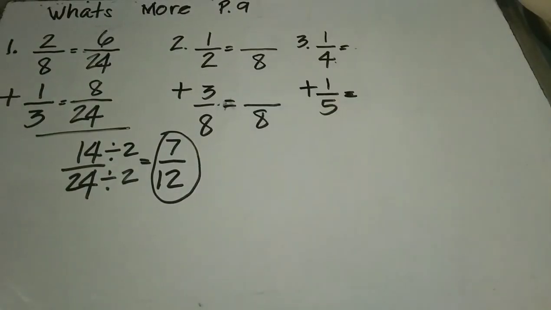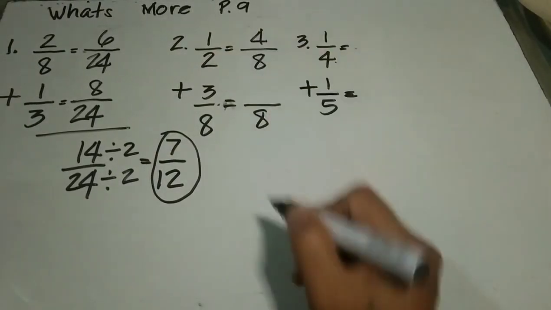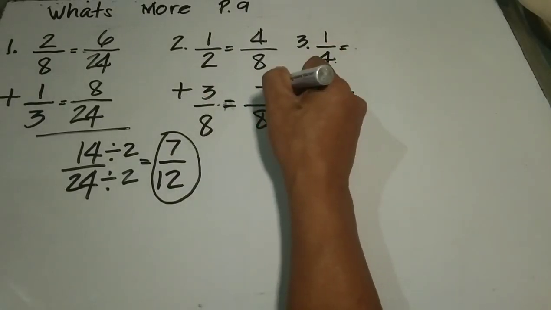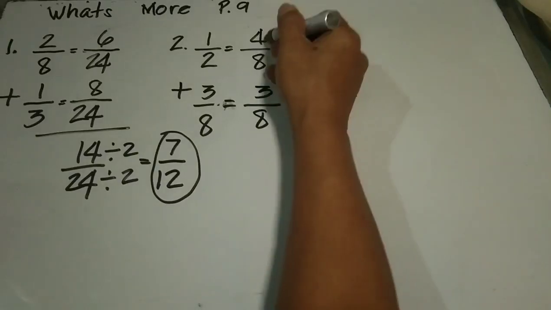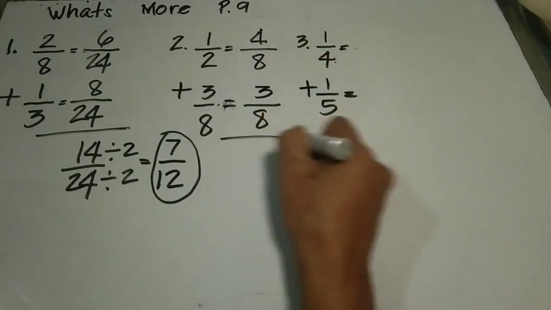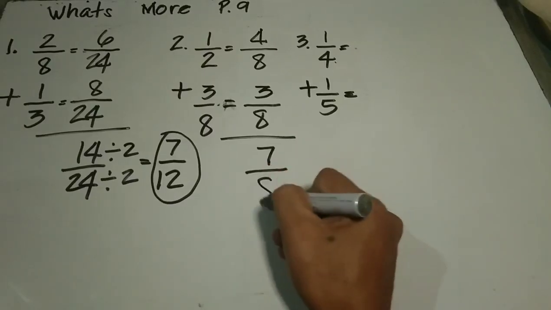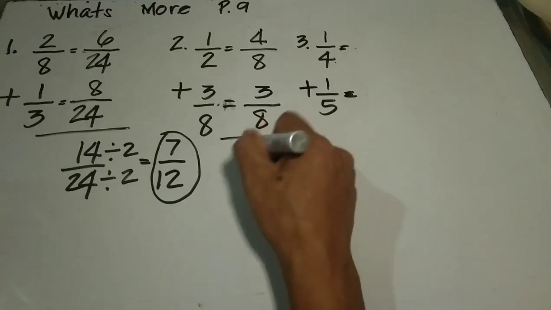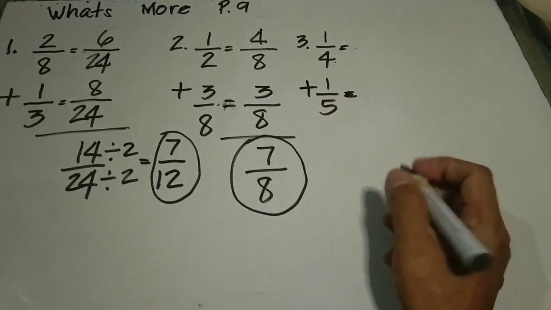So 8 divided by 2 will give you 4 times 1, still 4. 8 divided by 8 is 1, times 3, so it remains 3. Okay, add the numerators, 4 plus 3, we have 7 over 8, because 8 is the common denominator. 7 is a prime number, so this will remain 7 over 8.